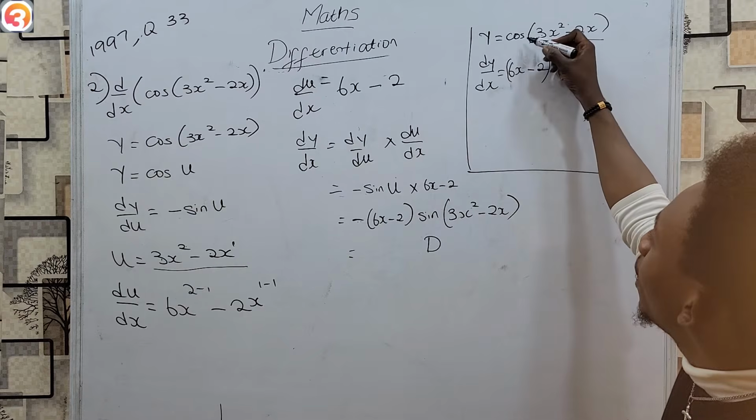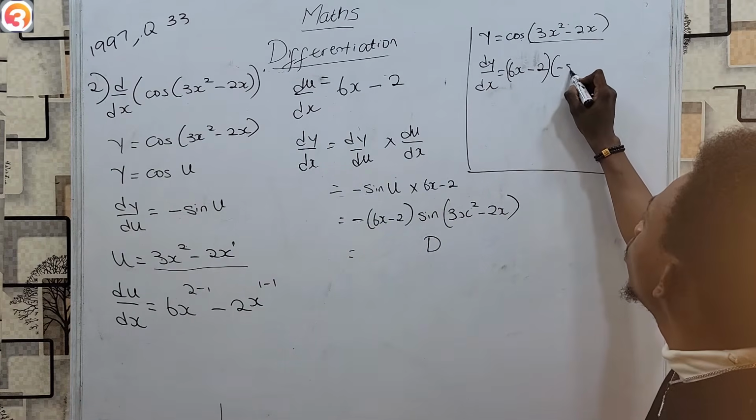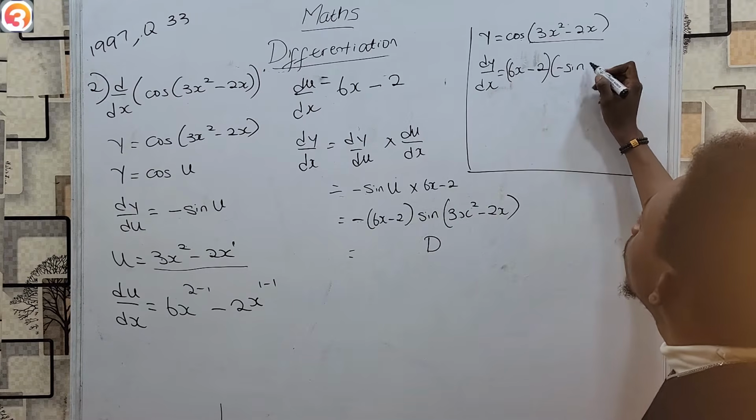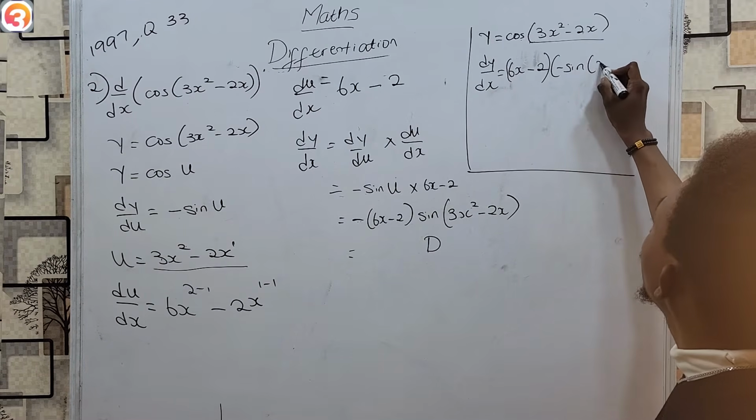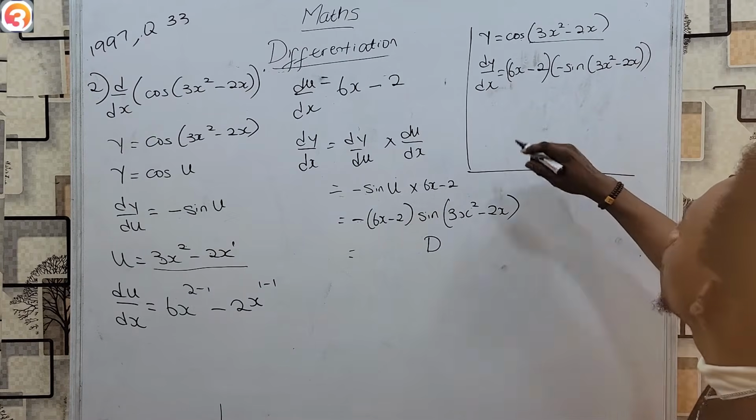This will then multiply. When you differentiate cos it turns into minus sine, then you write back your function, 3x² − 2x.